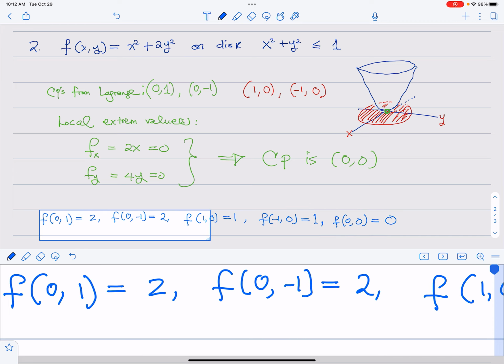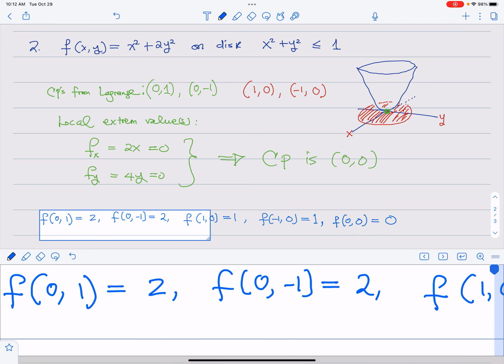So if we now look at this problem, our maximum value is 2, and minimum value is 0, okay?